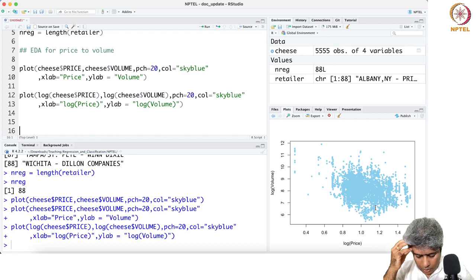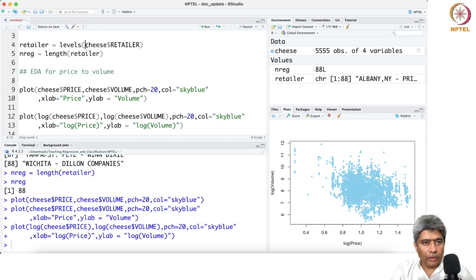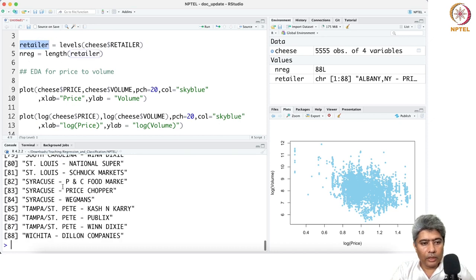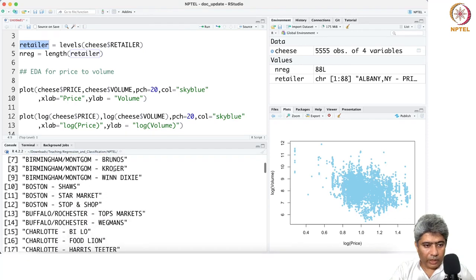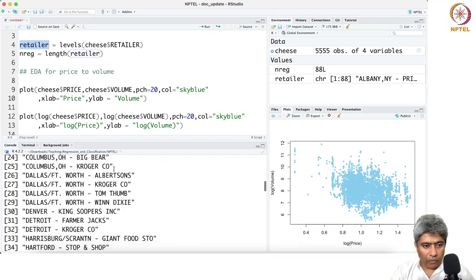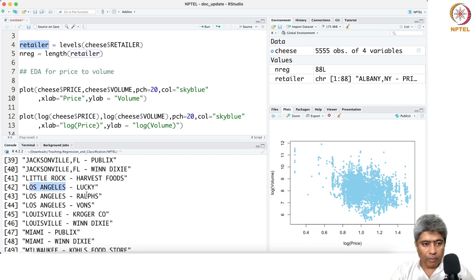So next, if you look at the retailer, for example Albany Price Chopper, Albany is a small place, and Los Angeles is a big place, so Los Angeles Lucky, and they are also different places.